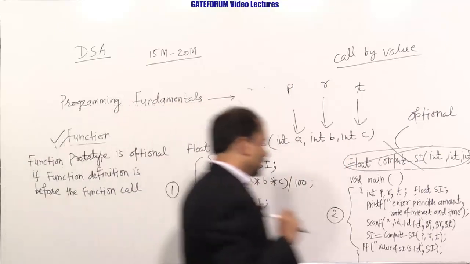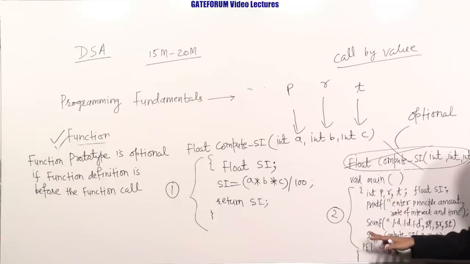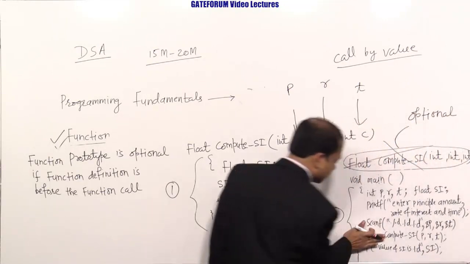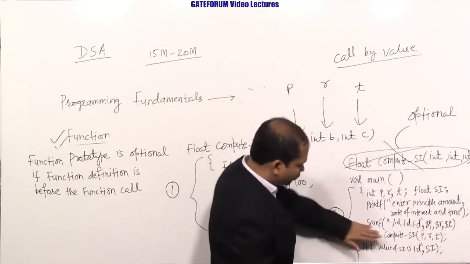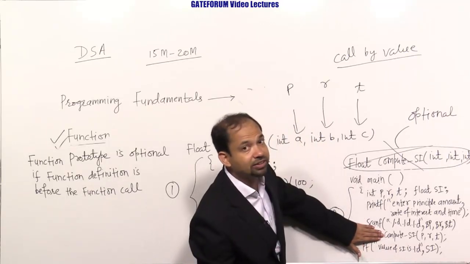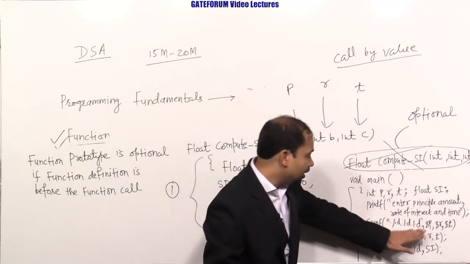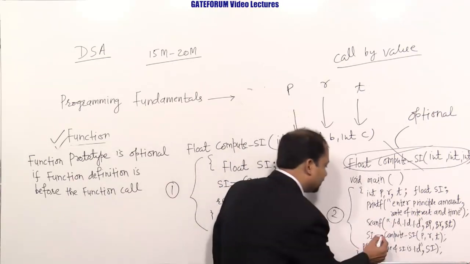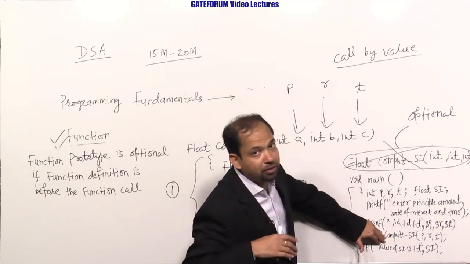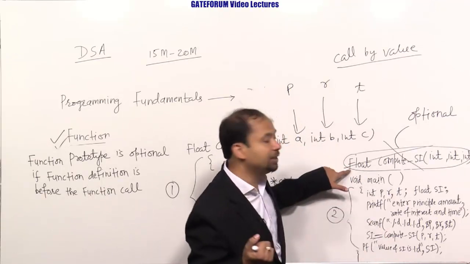Now here we need to discuss one more thing: this is the signature of the function. Suppose you miss this statement, so you don't assign the result. Then the function is not going to do anything, and if we are not assigning the function to any variable, it means the function is not returning anything. Then the return type of the function is void, but in the signature we have made it float.